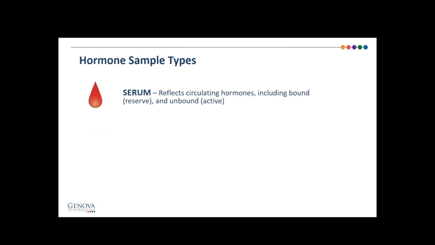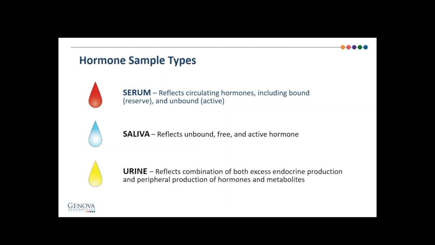So, the sample types. Serum. Serum reflects circulating hormones. So that would include bound and unbound active hormone levels. Saliva reflects unbound, free, active hormone. And then urine. Urine reflects the combination of both excess endocrine production and peripheral production of hormones and metabolites.